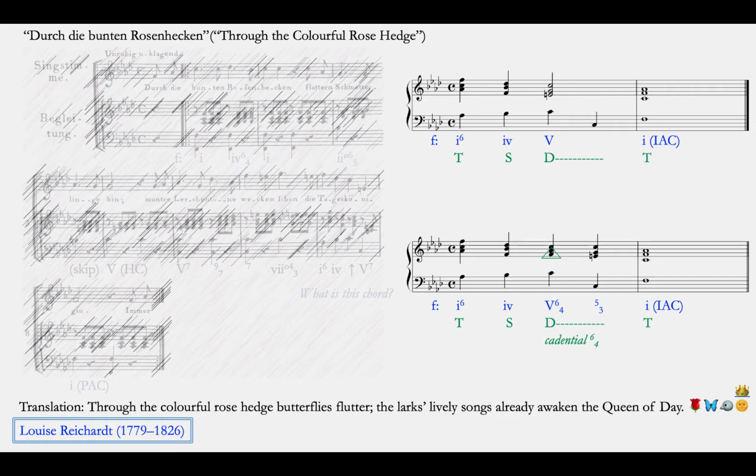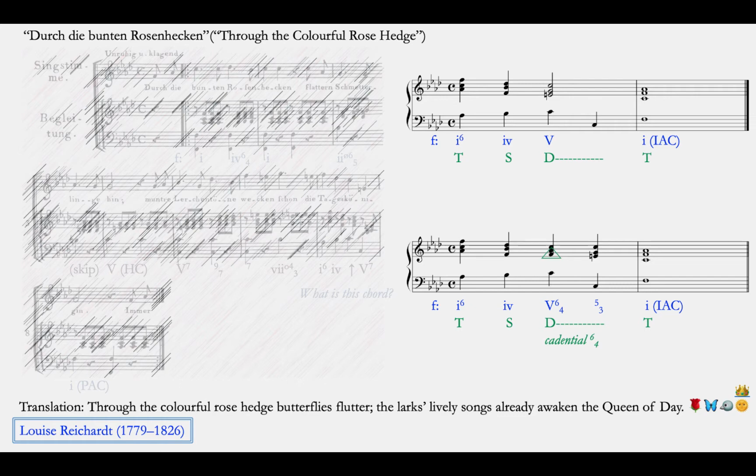In other words, when we arrive on beat 3, we have already arrived at a root position 5 chord. The F and the A flat should be considered to be embellishments. To put it another way, this is a cadential 6/4 chord. That represents a dominant harmony in root position at a cadence, but instead of getting 5 in root position right away, we have this embellishing motion that goes from 6/4 to 5/3.